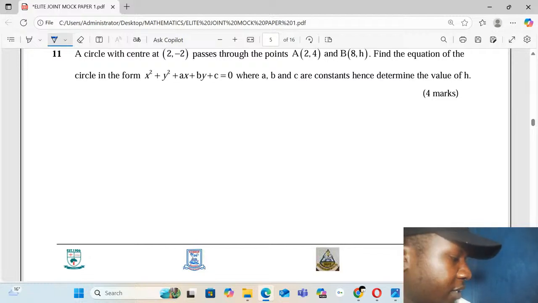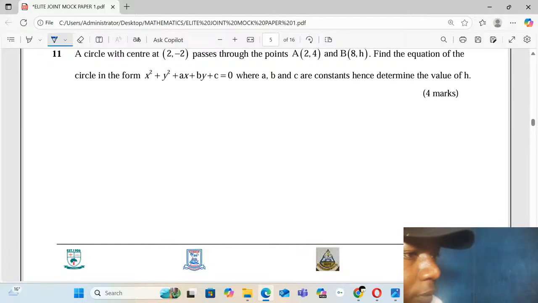Then number 11, a circle with center at the point 2, -2 passes through the point A, 2, 4, and B, which is 8, h.